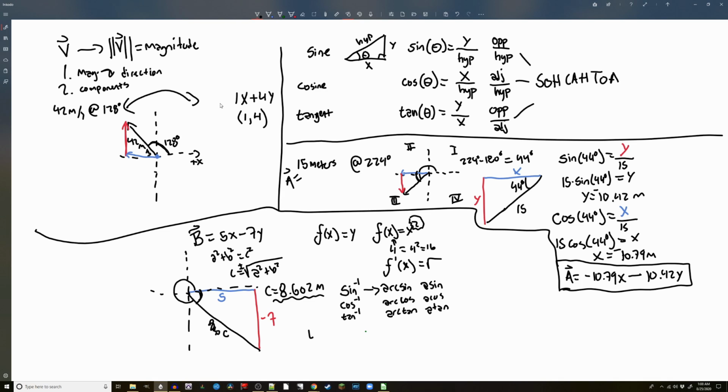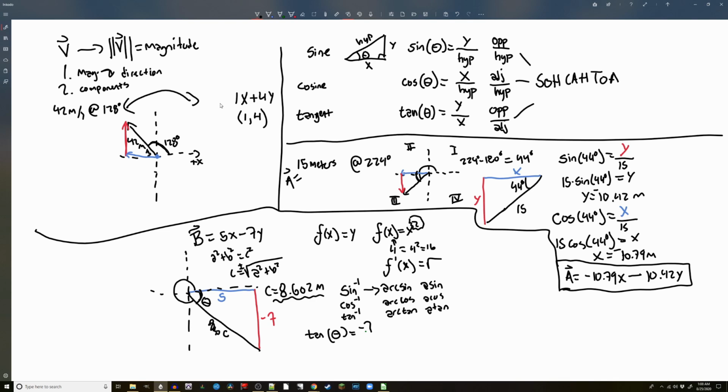So let's first look at this. The tangent of our mystery angle, and I'm going to name it theta because it's my favorite letter for angles. The definition of tangent tells us that tangent of theta is going to be the opposite length, which is -7 in this case, divided by the adjacent length, which is 5.